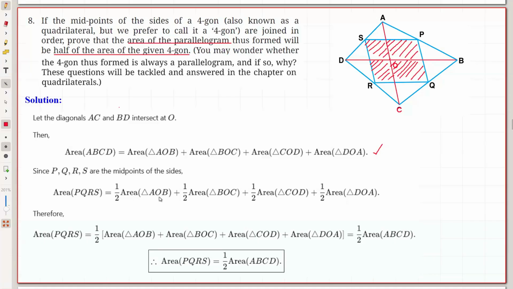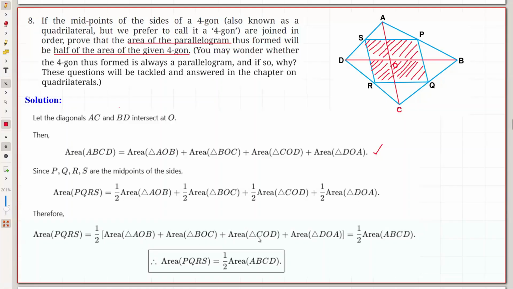Now everywhere 1 by 2, 1 by 2, 1 by 2 is common. Just take 1 by 2 outside. What are you getting? Area of the triangle AOB, area of the triangle BOC, area of the triangle COD, area of the triangle DOA.